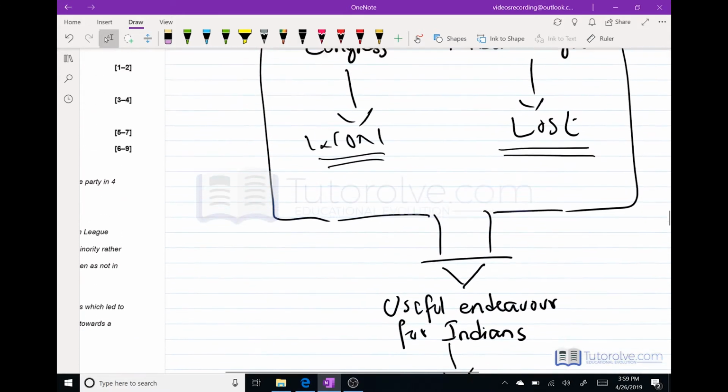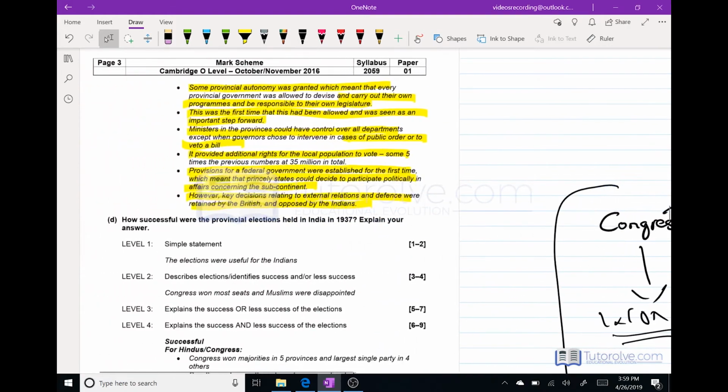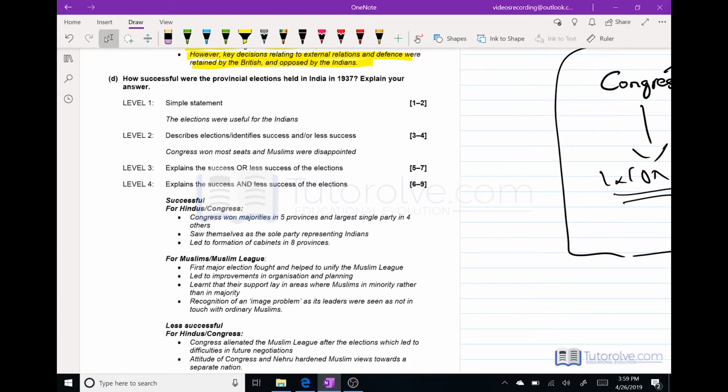And since provincial autonomy was granted during the Act of 1935, that meant that people who were part of the ruling elite managed to do whatever they wanted to do within those provinces since they had provincial autonomy. Now, this question is more about two parts, just explained right now.